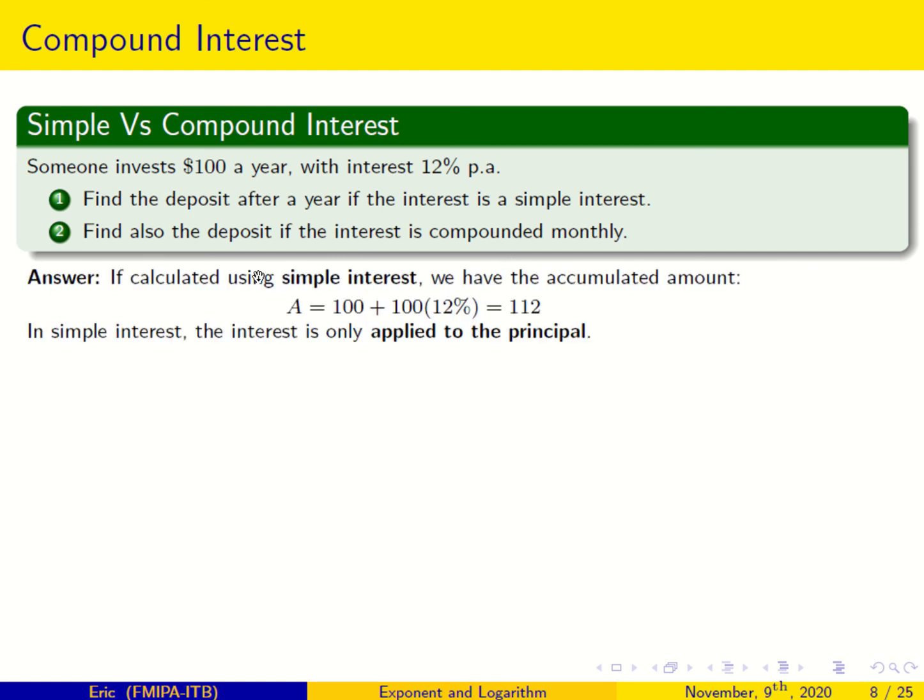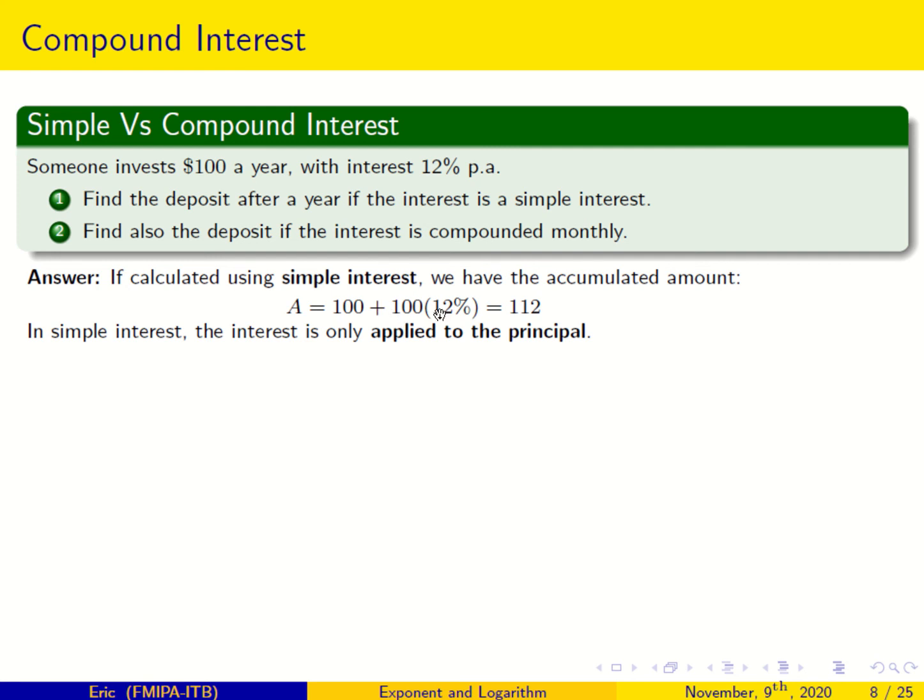If calculated using simple interest, the accumulated amount is 100 plus 12% times 100. Don't forget, for simple interest, the interest rate is only applied to the principal. So if I want to find the accumulated amount for the third month, it's just the same.